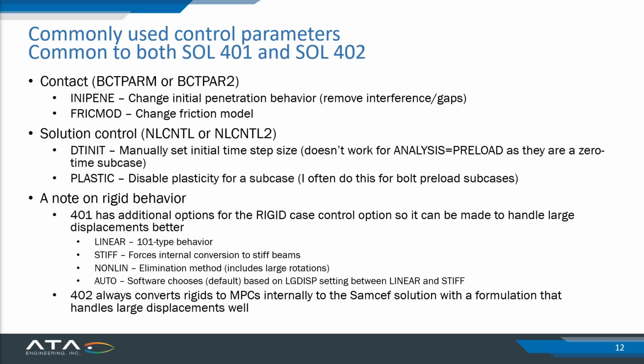The solution doesn't need a ton of increments, but if you want it to start with a very small time, you can, which, if you remember, time is equivalent of load. So if you want it to start with a small load, you can set it to have a very small initial time, and that will start your solution off very gently, but then the solution can ramp up the amount of time that it takes per iteration, so you don't spend forever solving with lots and lots of increments.